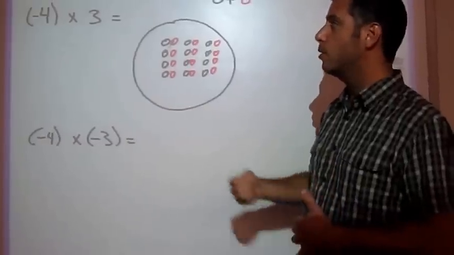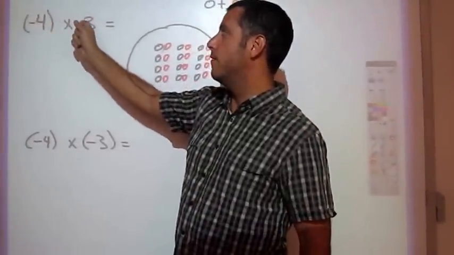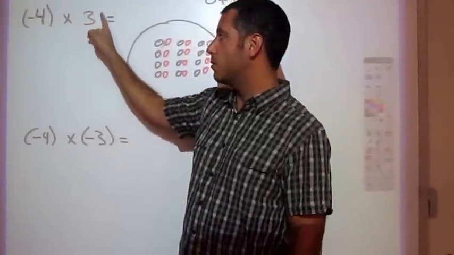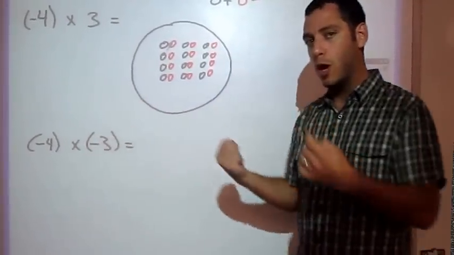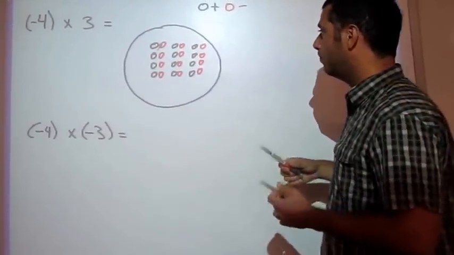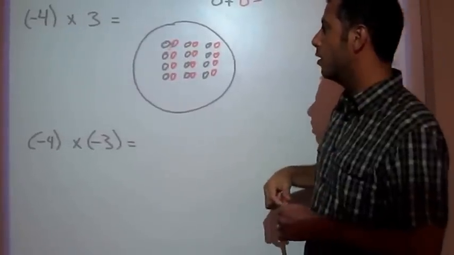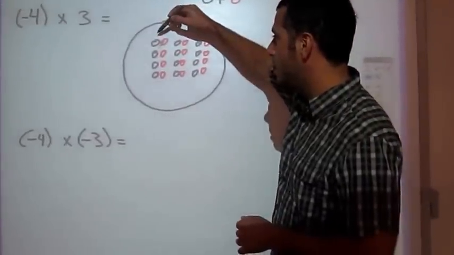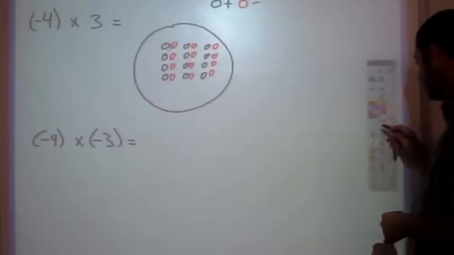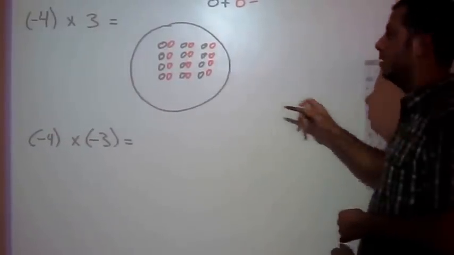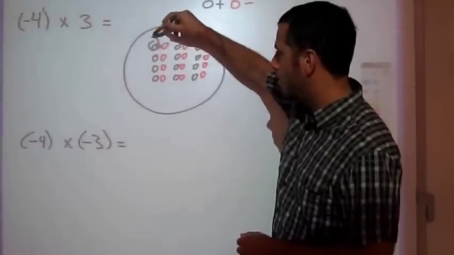All right? So now I'm going to withdraw 4 sets of 3 integers. Now 3 is a positive number, so I'm going to be withdrawing the positive ones. So what I'm going to do is withdraw these positive ones. I'll just cross them out.